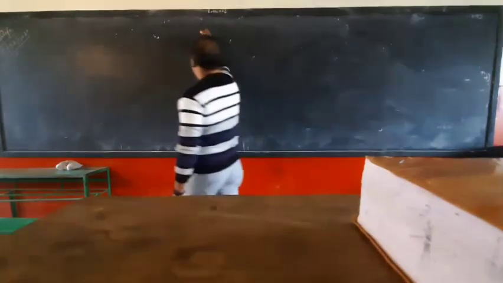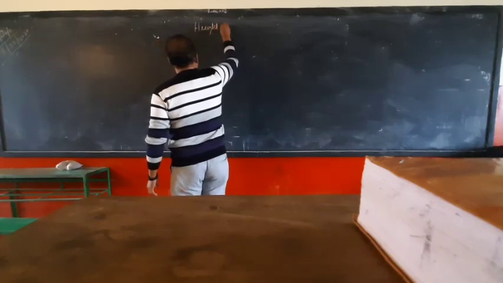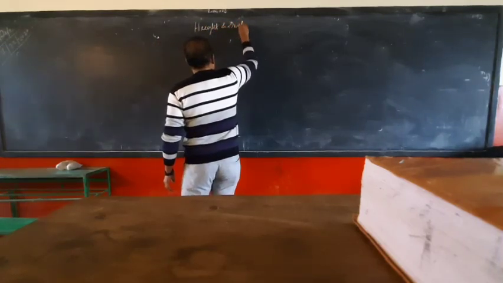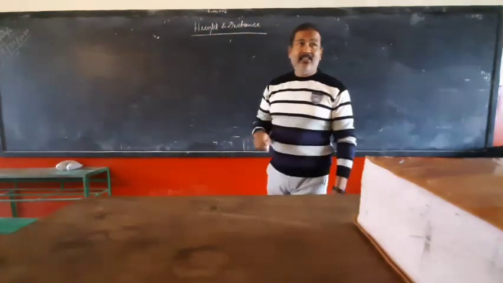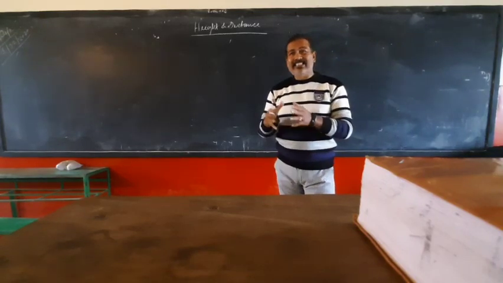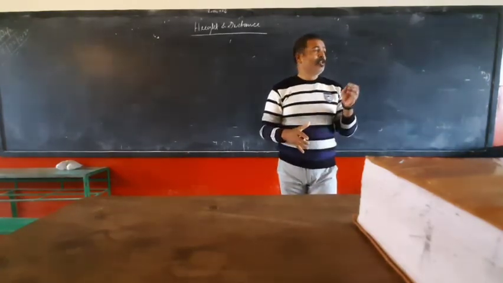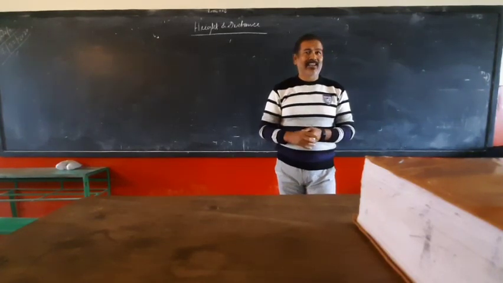Now, all of the questions of height and distance given in the syllabus of class 10 are related to the interrelationship between the sides and the acute angles of a right triangle.